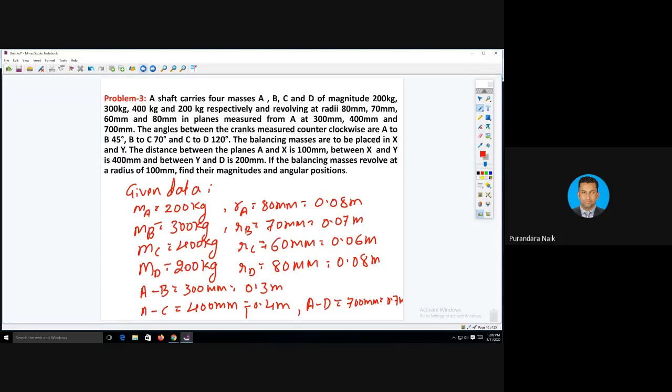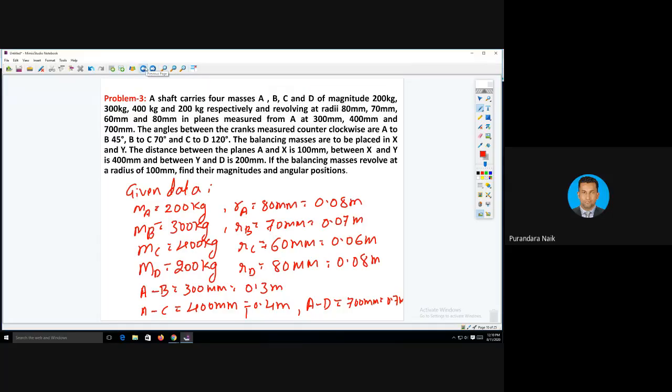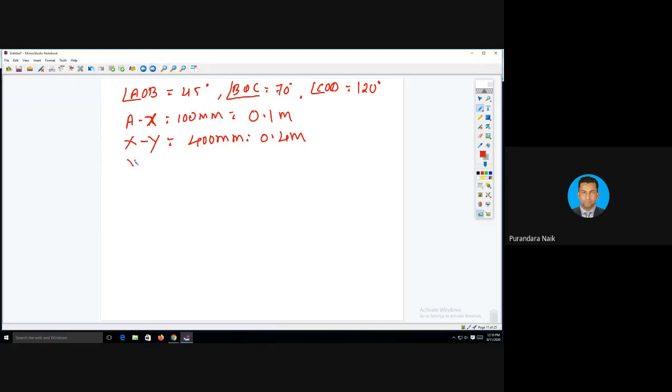Similarly, the distance between X and Y is 400 millimeter, 0.4 meter. Next, the distance between Y and D is 200 millimeter, so 0.2 meter.